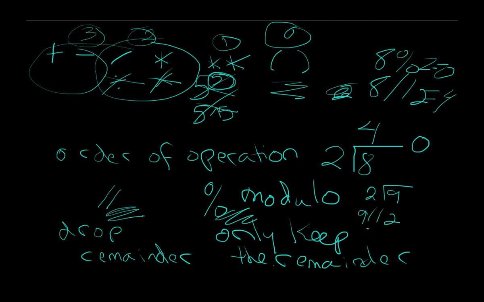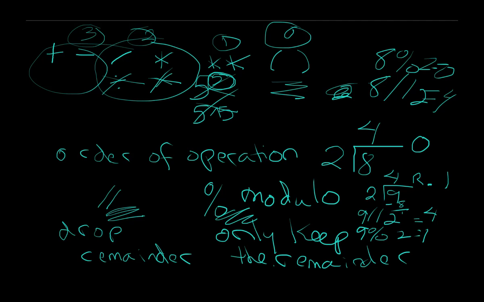And if I've got 9 floor 2 and I've got 9 mod 2, all right, well, if I divide 2 into 9, it goes 4 times. We take away the 8, and we have a remainder of 1. So the floor division only cares about how many times it goes into it. So that's going to keep the 4. It drops the remainder, doesn't care at all. Here with modulo, it only cares about the remainder. So the remainder is 1. So 9 mod 2 is equal to 1.